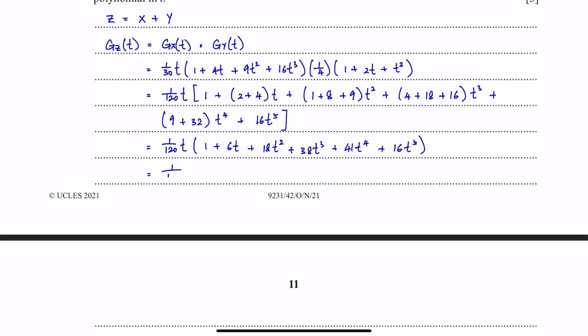So we have 1 over 120 t plus 1 over 20 t squared plus 3 over 20 t cubed plus 19 over 60 t to the 4 plus 41 over 120 t to the 5 plus 2 over 15 t to the 6.